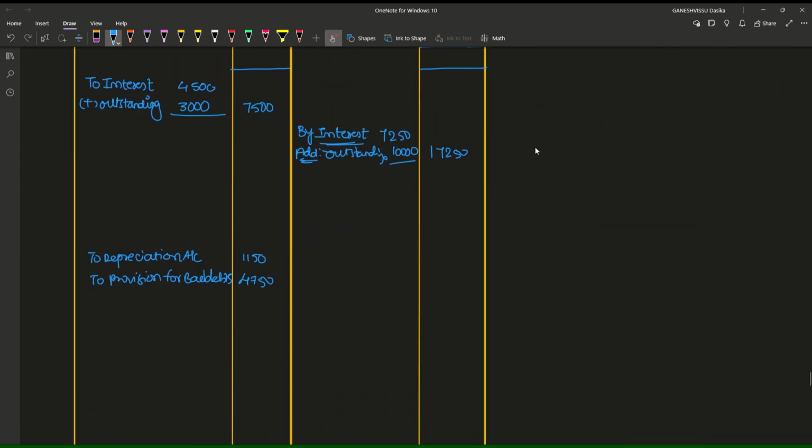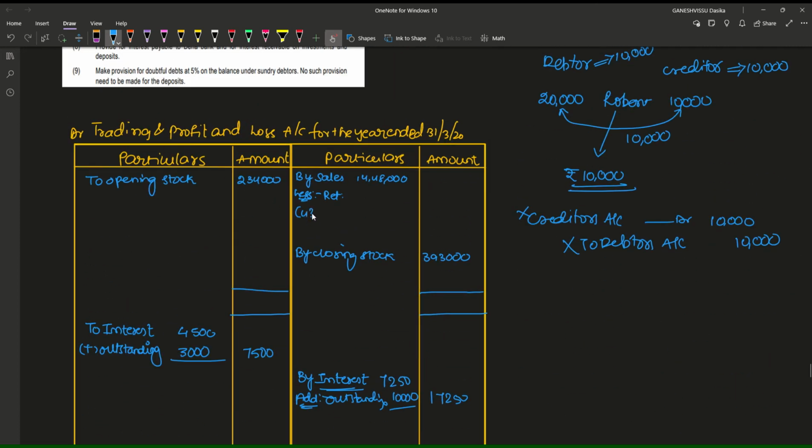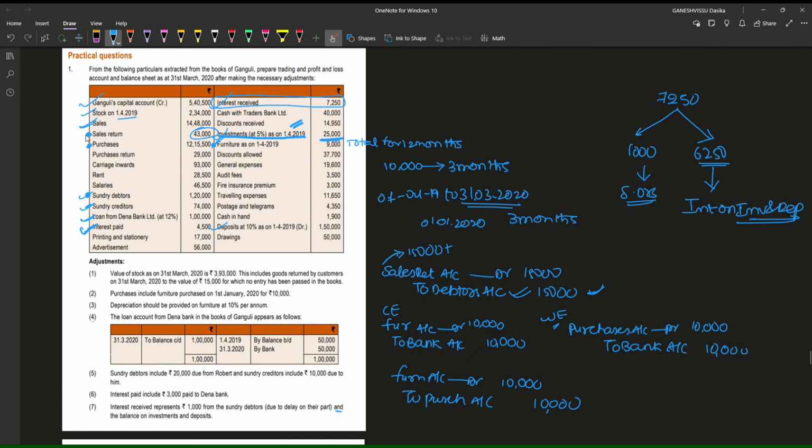So in bracket, 43,000 plus 15,000, which is 58,000. We need to deduct 58,000 rupees here. 14 lakhs 48,000 less 58,000 gives 13 lakhs 90,000 in the outer column. And we have already taken this adjustment in debtors also. We have completed sales and sales returns.